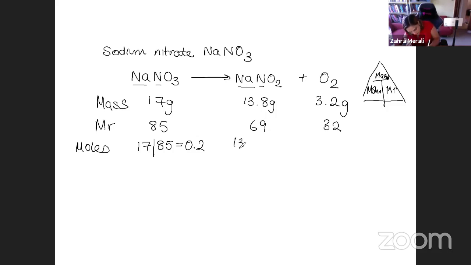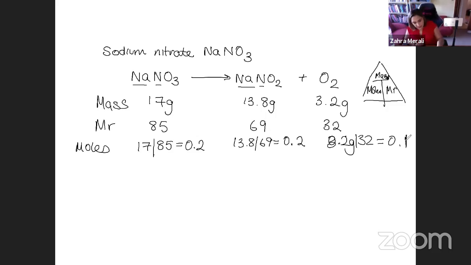Then 13.8 divided by 69 gives me 0.2. And then 3.2 divided by 32, which is 0.1. So 3.2 grams divided by 32 gives you 0.1.